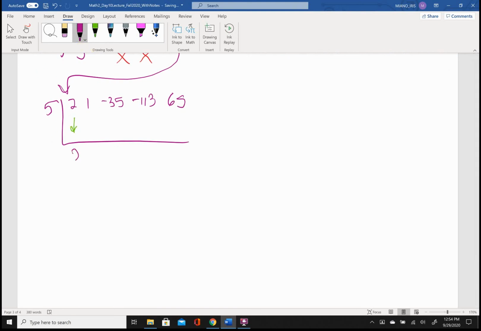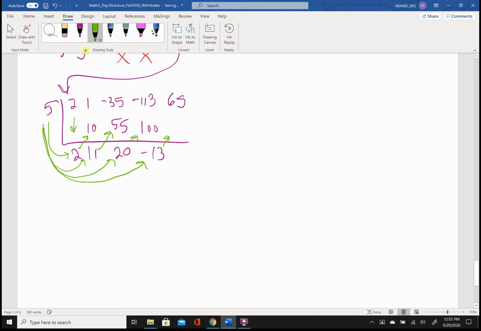We get 2, multiply through, we get 10, and 11 is the sum there. It'll be a 55 there. 20 will be the sum there. Bring it around, and that'll be 100 with a -13 sum. And then 5 times -13 will be -65.